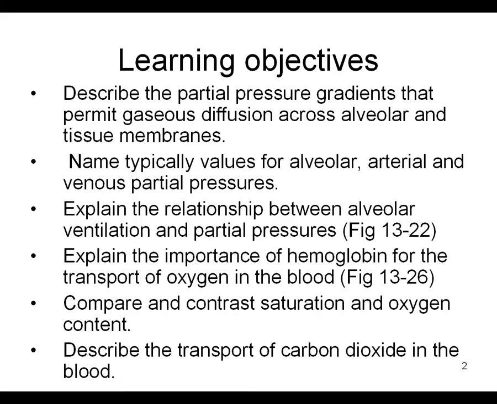You have dissolved content, which is in the form of PO2, but really the bulk of your content is bound to hemoglobin. So we want to compare and contrast some important terms. Saturation, which is a percentage of hemoglobin occupied by oxygen, and oxygen content, which is actually the amount of oxygen in mils. And then we want to finish up by talking about the transport of carbon dioxide.